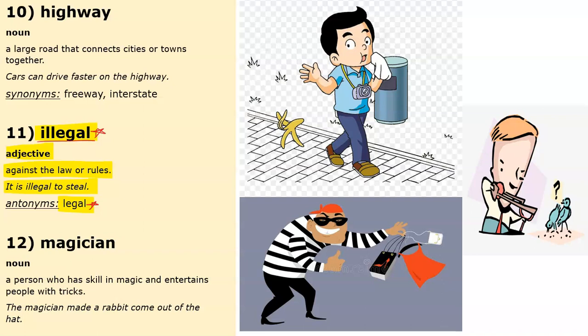Every country has some rules that people must follow. And when you break those rules, we can say that you did something illegal. So of course we know that stealing other people's things is illegal. If you do this, then you can go to jail or you have to pay some money.